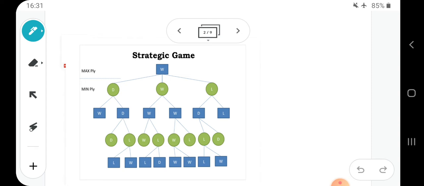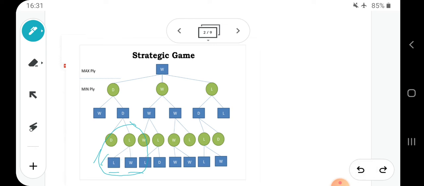in this particular portion two different maximizing nodes are at the leaf level, and the first one represents a loss and the second one represents a win.